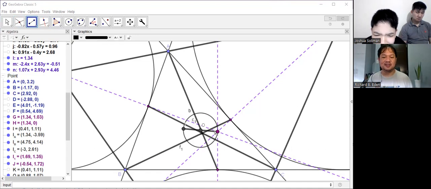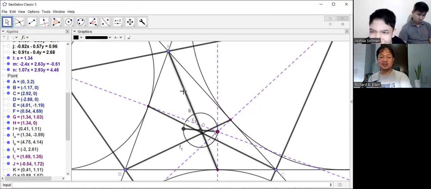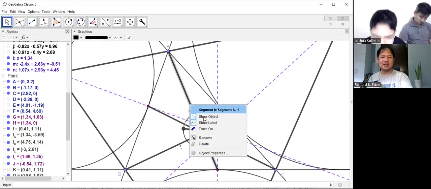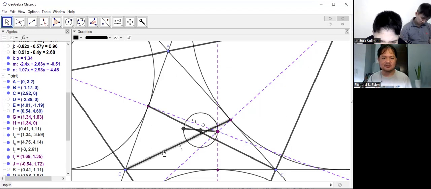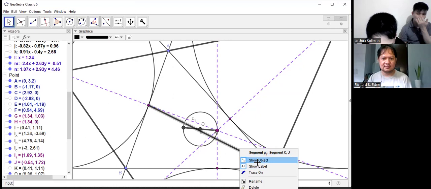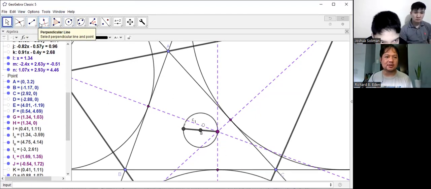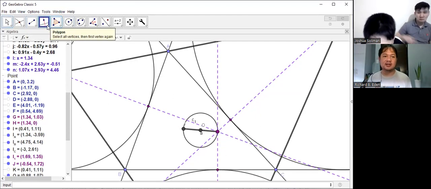Ah. Okay, so ito. Where's the Euler line po kasi? The Euler line contains the orthocenter. So, i-drawing natin ng orthocenter. Hide natin to. Okay. So, for the orthocenter, altitudes kailangan natin.